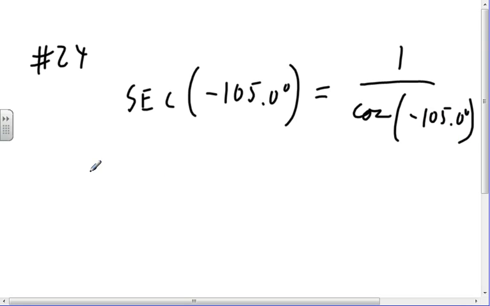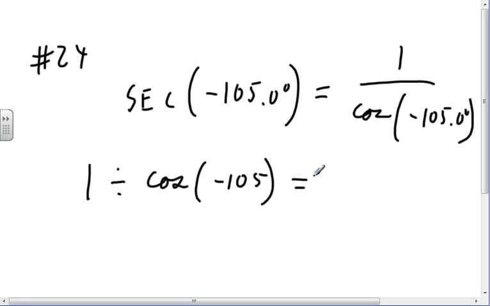We're going to put on our calculator 1 divided by cosine minus 105, close parentheses, equal, and write down an answer. Minus 3.864, because we want it to 4 significant digits.